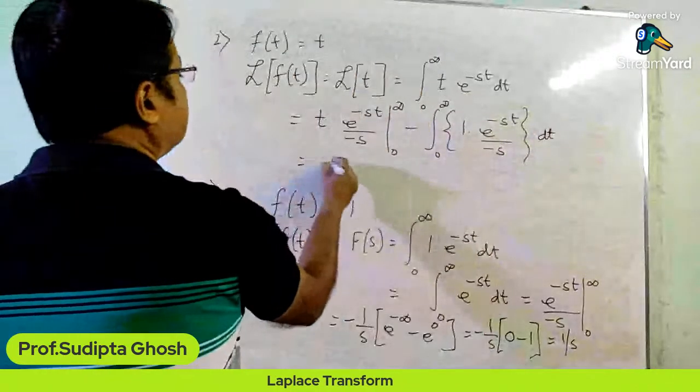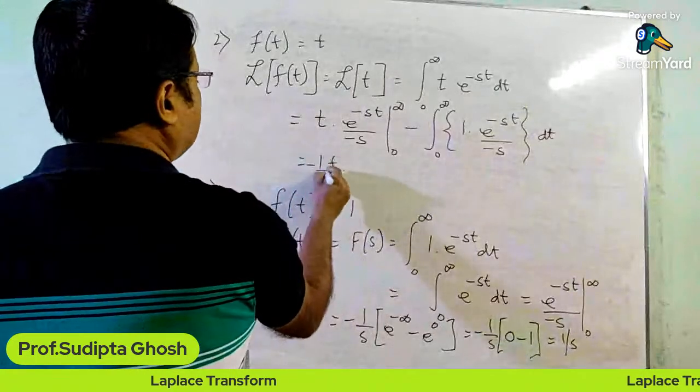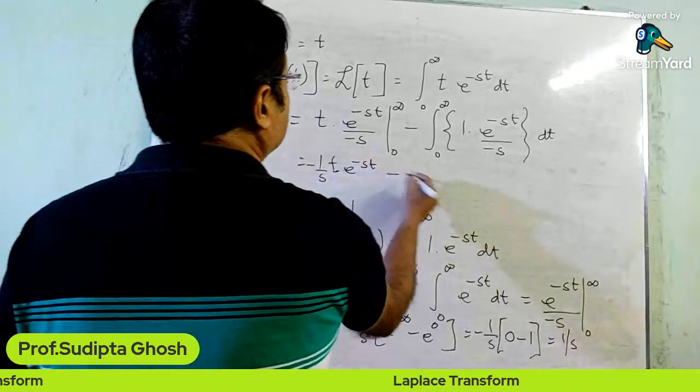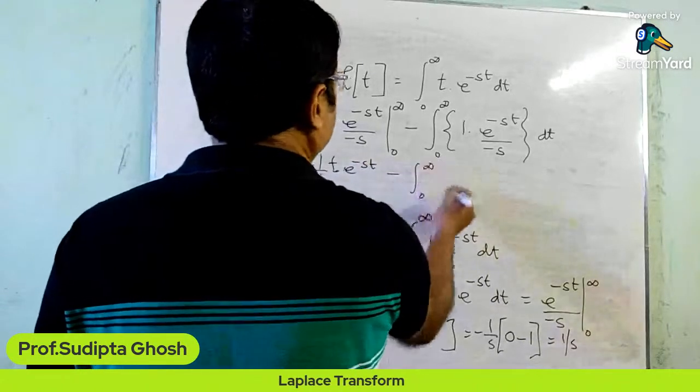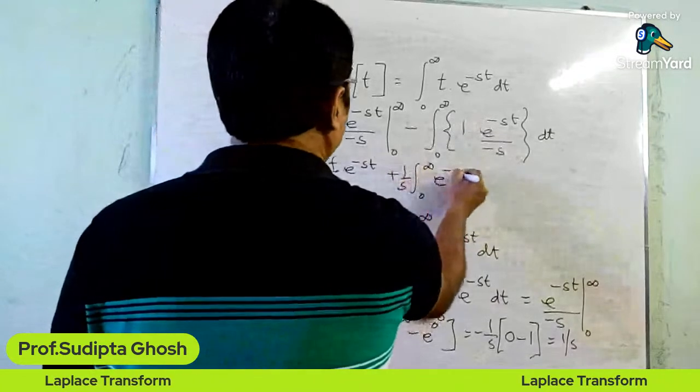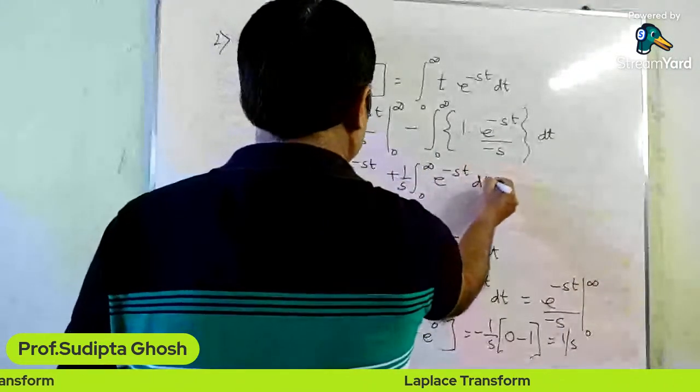So it will be minus t by s e to the power minus st, minus the integral from 0 to infinity of minus minus plus 1 by s e to the power minus st dt.